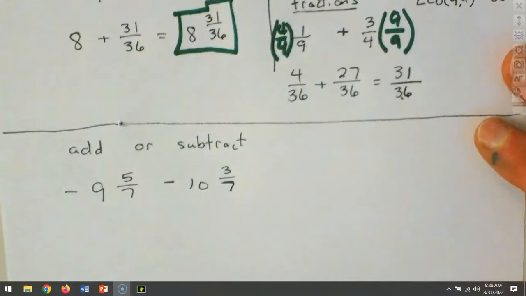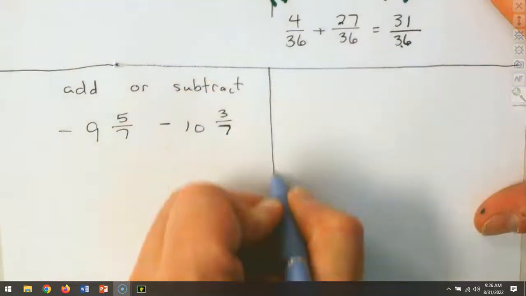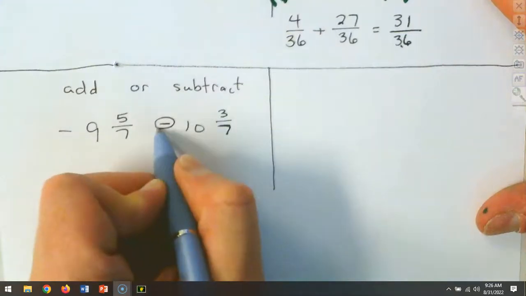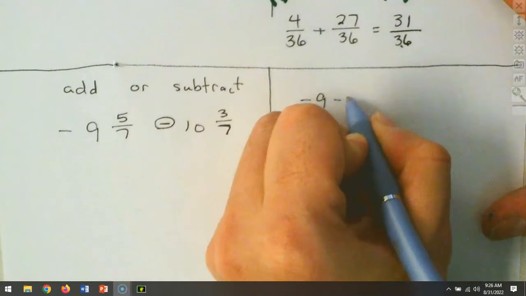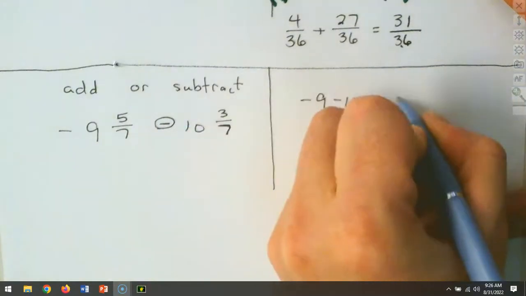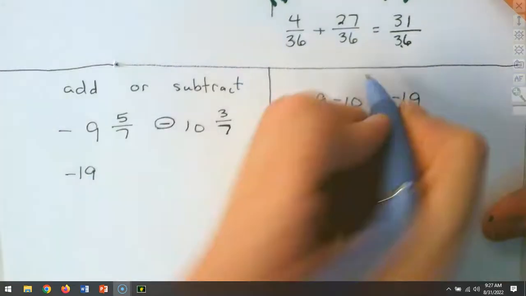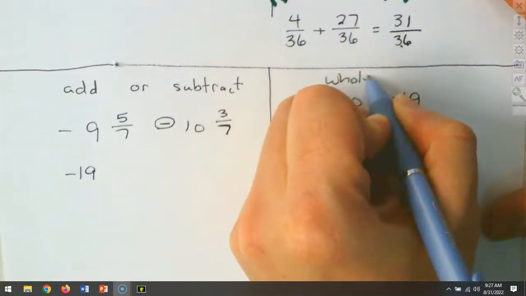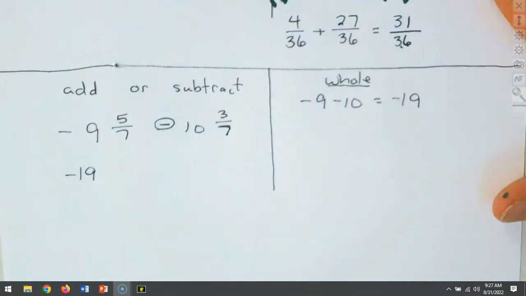And what's the first thing I need to do? Yep, whole numbers always go together first, and the sign goes with them. So we always keep the signs with these. So minus 9 minus 10, that makes that part a minus 19. That's the whole part. They're the same sign, so they add together, and they are negative, so my sign stays negative. Now, what about the fractions?